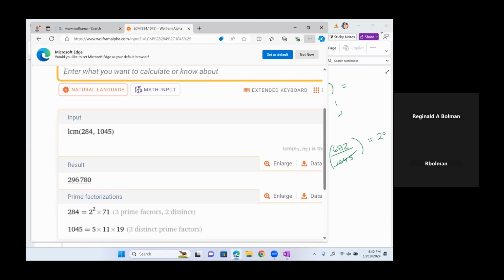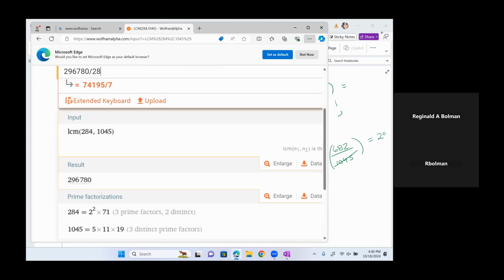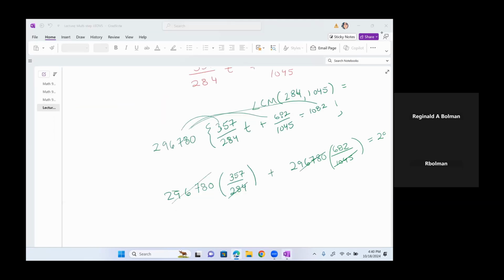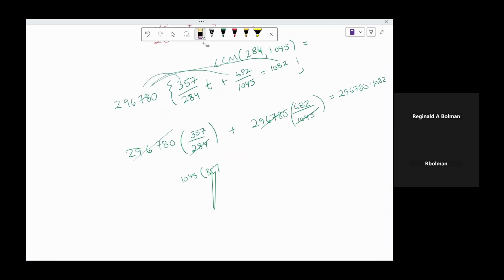So 296,780 divided by 284, for example, gives us exactly 1045. So we have 1045 times 357 here. And then when we do 296,780 divided by 1045, we should be left with exactly 284.